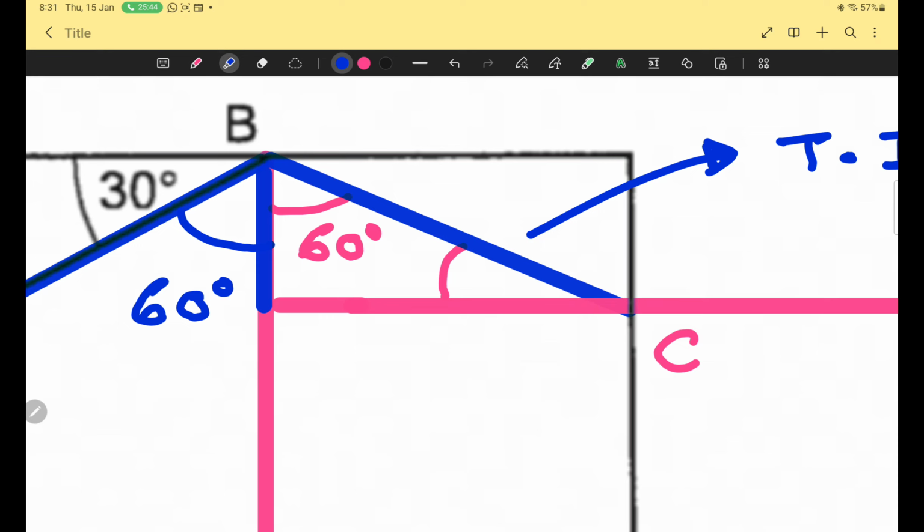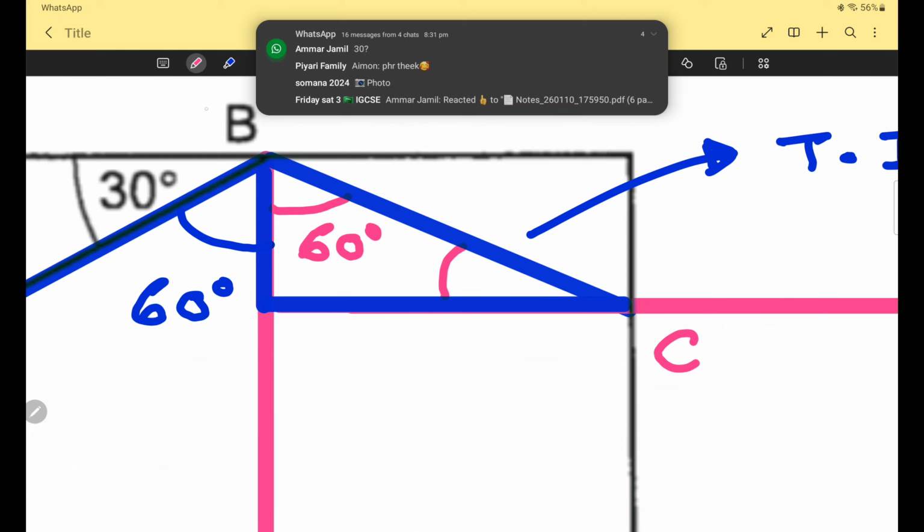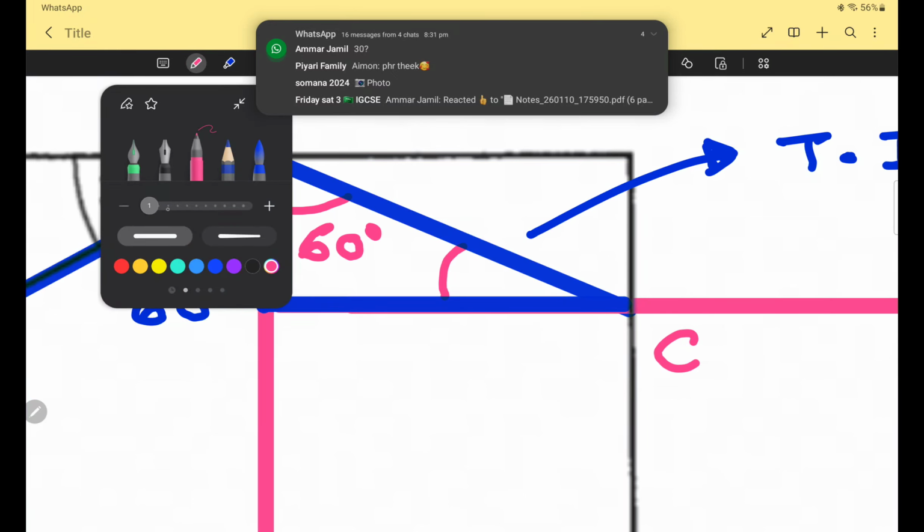Beta, this is a right angle triangle. Sir, if this angle is 60, and this angle is 90, then this angle is 30. Amar, you are right.